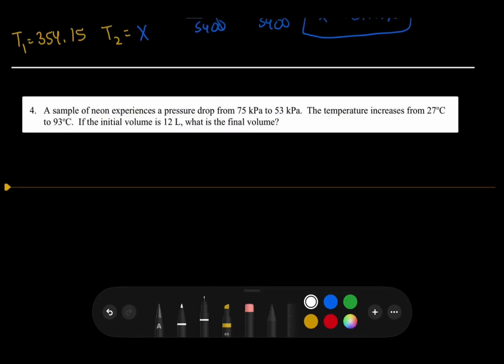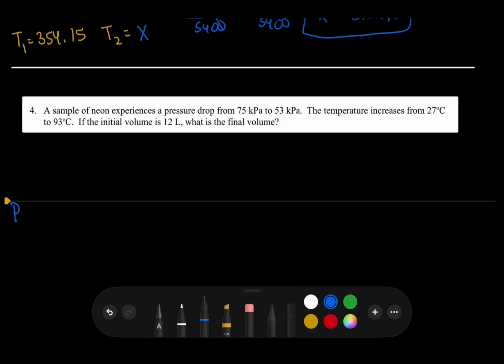Now for our last problem. A sample of neon experiences a pressure drop from 75 to 53. The temperature increases from 27 to 93. If the initial volume is 12 liters, what is the final volume? So let's write down the information that we know. The initial pressure is 75, and then the second pressure is 53 when it dropped down.